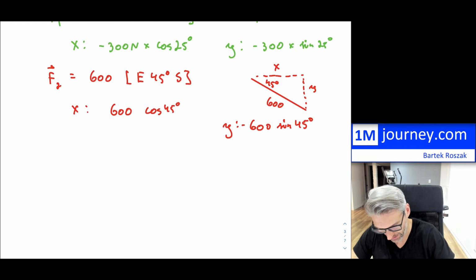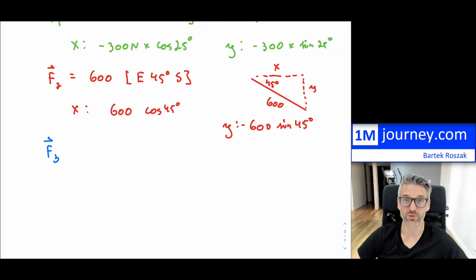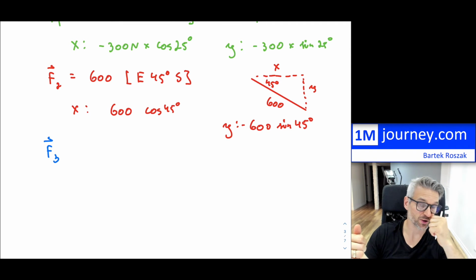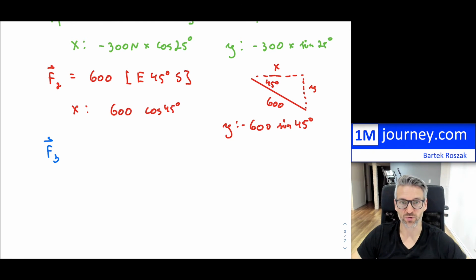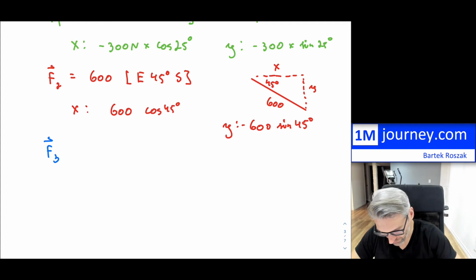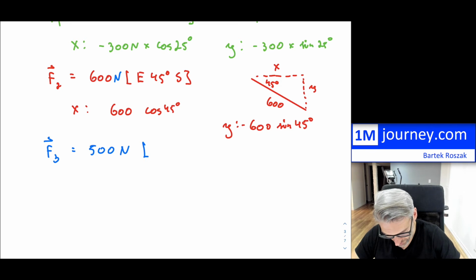And then your last one, which is going to be F3. Now, of course, you can compute these out. I'm not computing them because I'll do that computation in one step to get the X component of the F net and the Y component of the F net, and then I can create the actual F net to compare to the last one. This one is 500 newtons, and this one was from east, 45 degrees north.